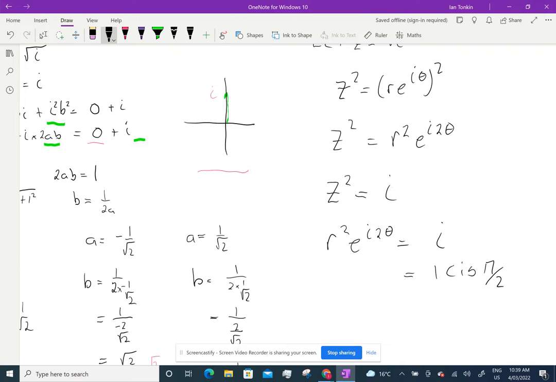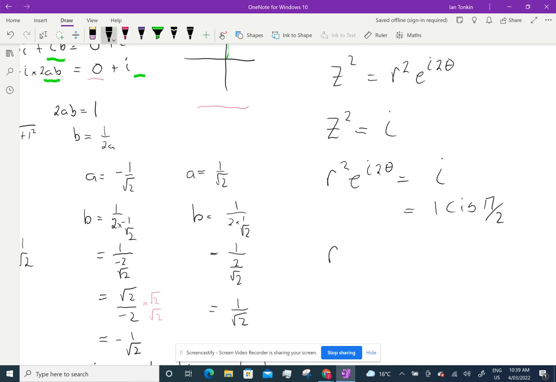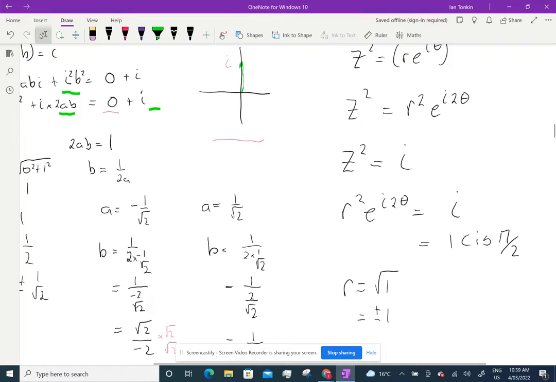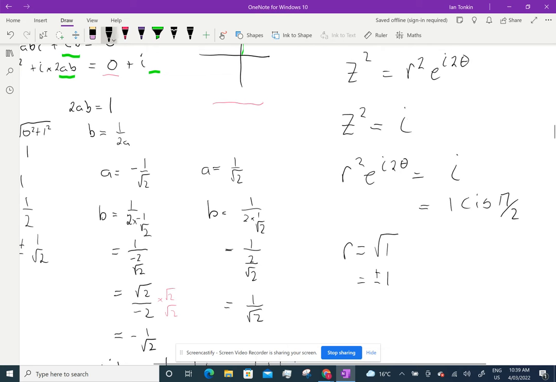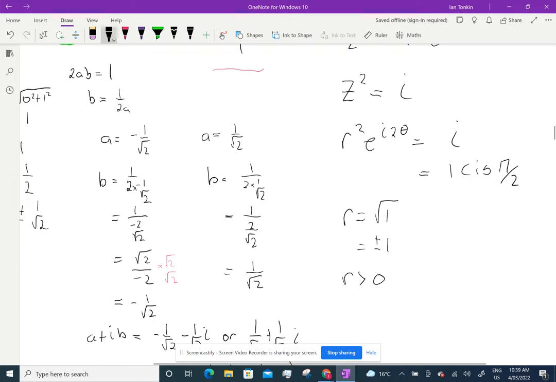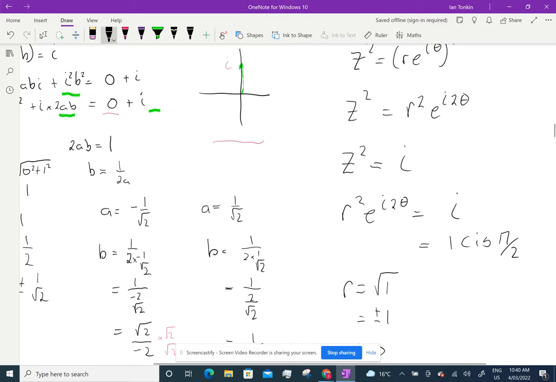So r equals the square root of the modulus, the square root of 1, which equals plus or minus 1. But remember, this r is a modulus, so it's always positive. So I can ignore that negative. r is always greater than 0, so we can just say r is going to equal 1. The modulus of our z is going to be 1.